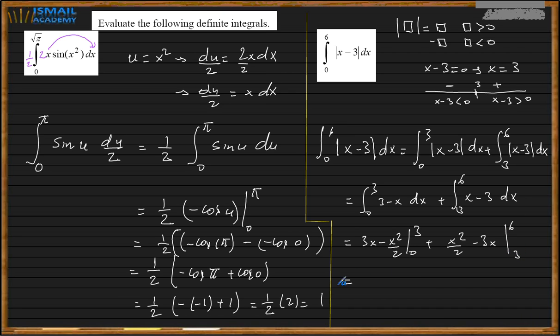Now I evaluate each expression to see what my final value is. When I plug in 3 here, I get 9 minus 9 over 2 minus 0. Then here I will have 36 over 2 minus 18, minus 9 over 2 minus 9.